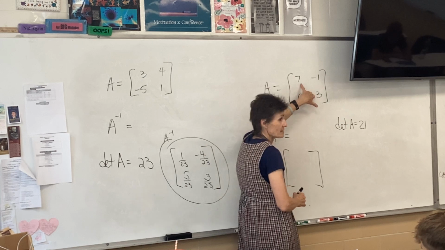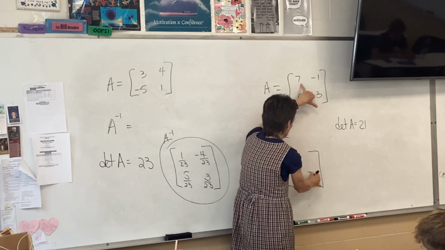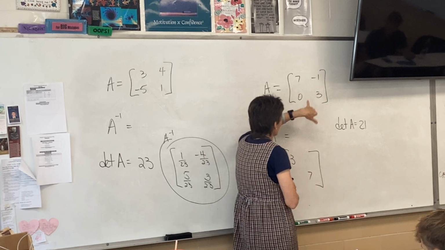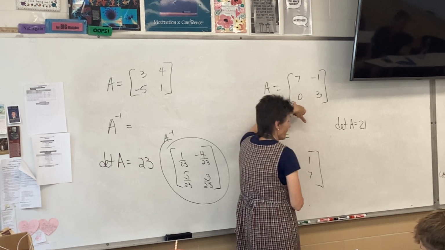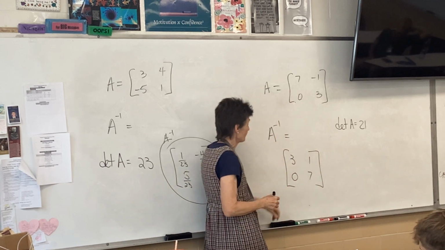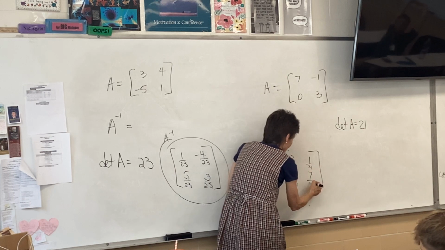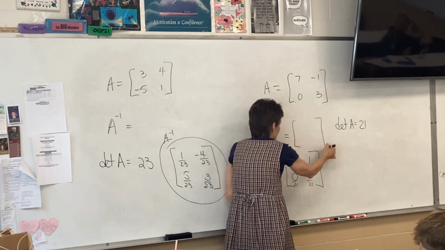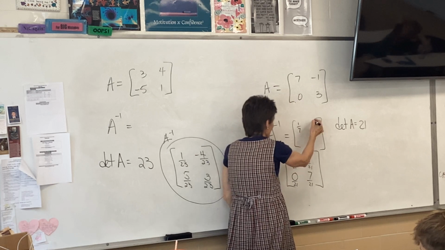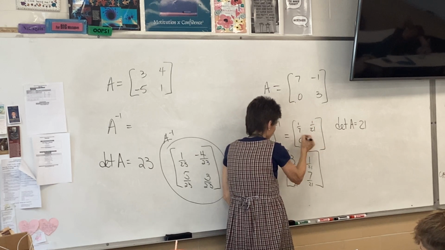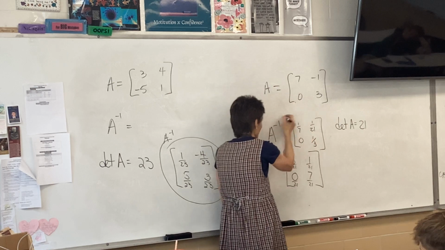Now take the 3 and the 7, switch them. Take these two and change their signs. 0, of course, is just 0. And then divide everything by 21. This one can reduce. So our inverse is 1/7, 1/21, 0, and 1/3. There's your inverse.